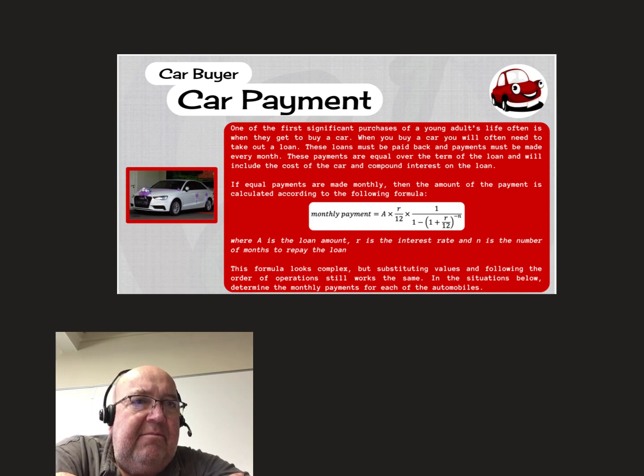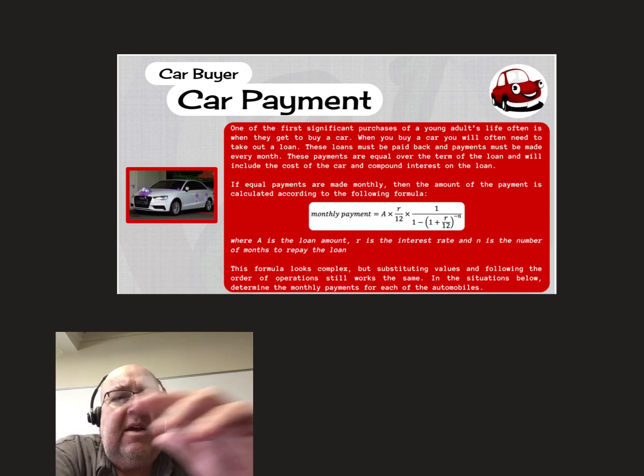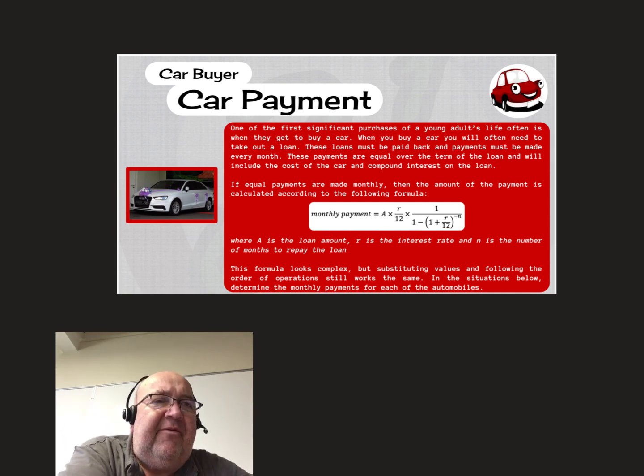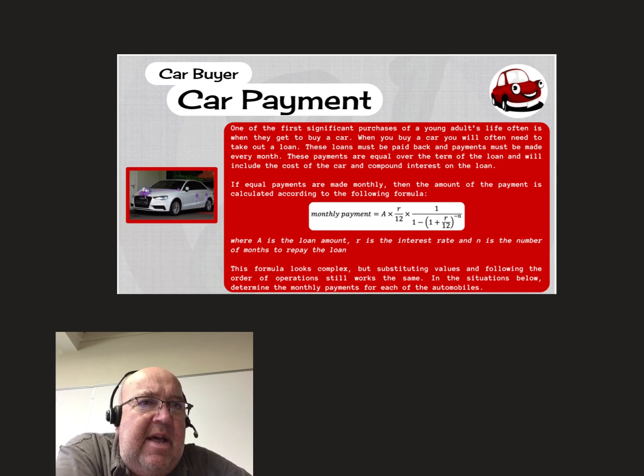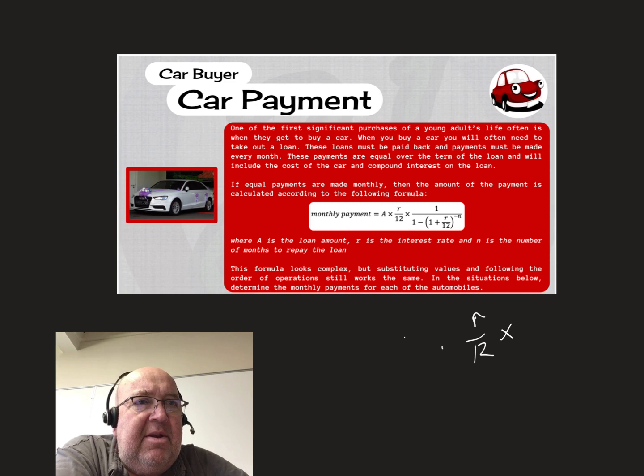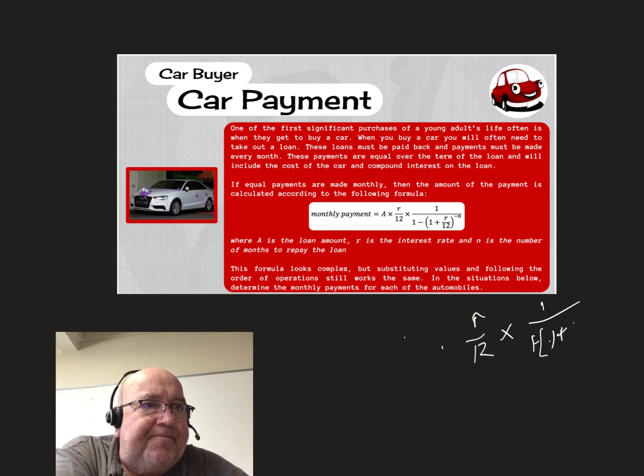N is the number of months. So with the equation, we can fill all of these things in. And it looks really confusing, but if you follow order of operations and do each part separately, so if you do the R divided by 12 and find that number and put it down, and then you do what's inside the parentheses, do inside the parentheses first.